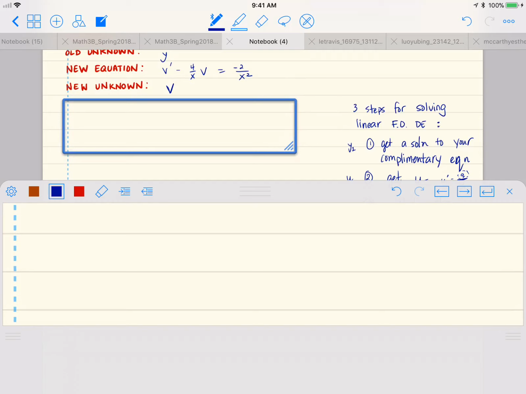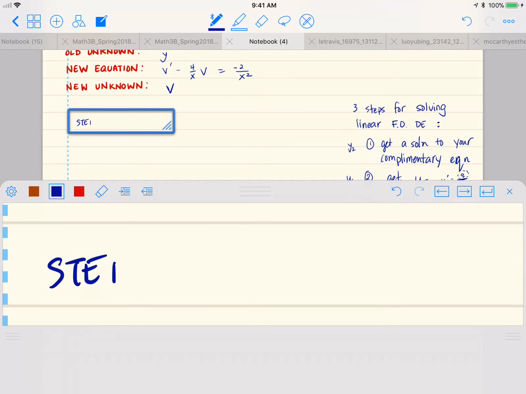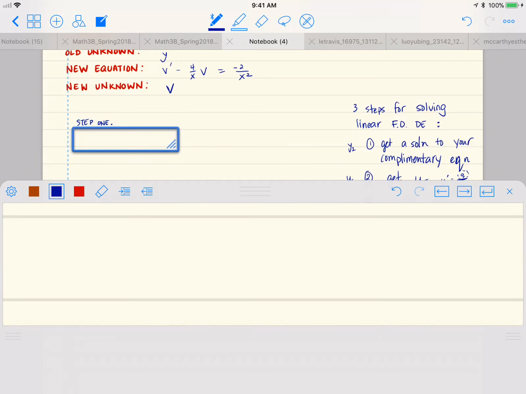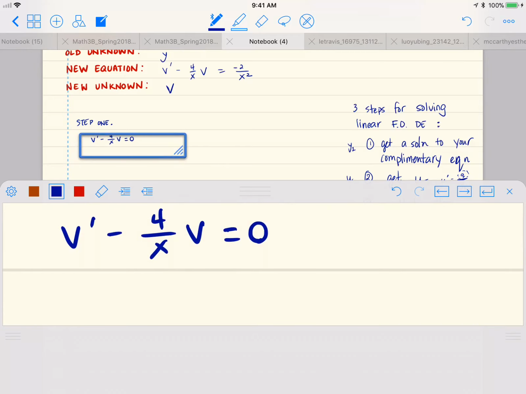Okay, so let's do step 1, which is going to involve finding a solution of the complementary equation. So our complementary equation is v prime minus 4 over x v equals 0. So this is actually separable.